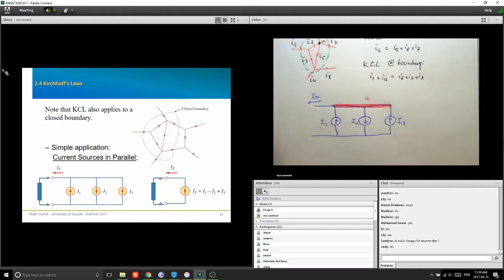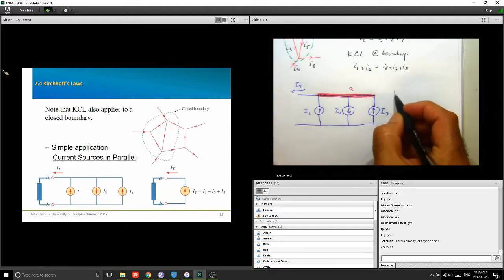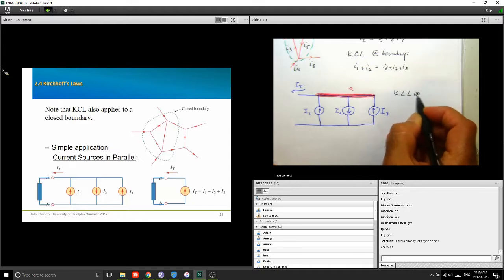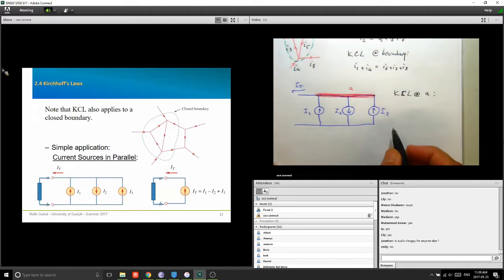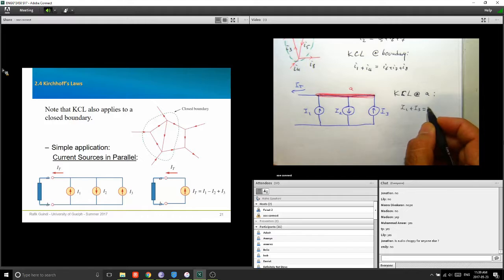I call it node A. So KCL at node A. I have the currents flowing in. I have I1 plus I3 equals the currents flowing out, which is IT plus I2, right? I want to know how much IT is. IT is equal to I1 minus I2 plus I3.